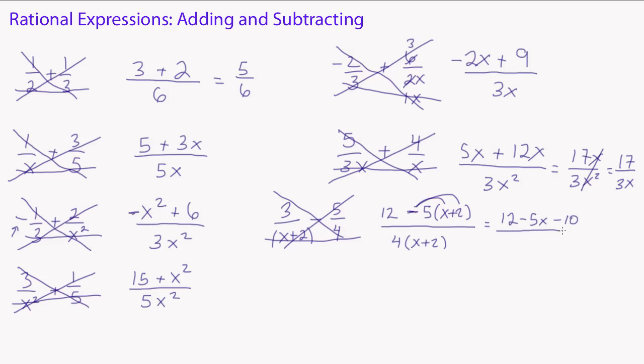All over 4 times x, 4x. And then 4 times 2 is plus 8. Then we combine like terms if there are any. Here we have negative 5x. We're going to put it over here. And 12 take away 10 is going to give me plus 2, all over 4x plus 8.